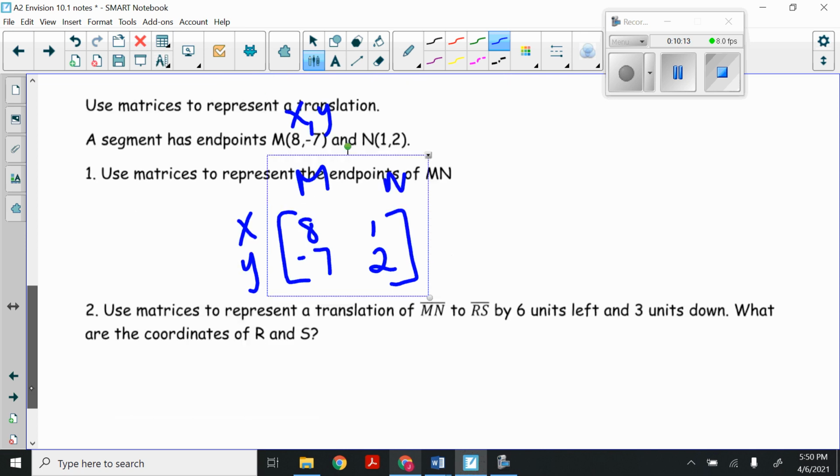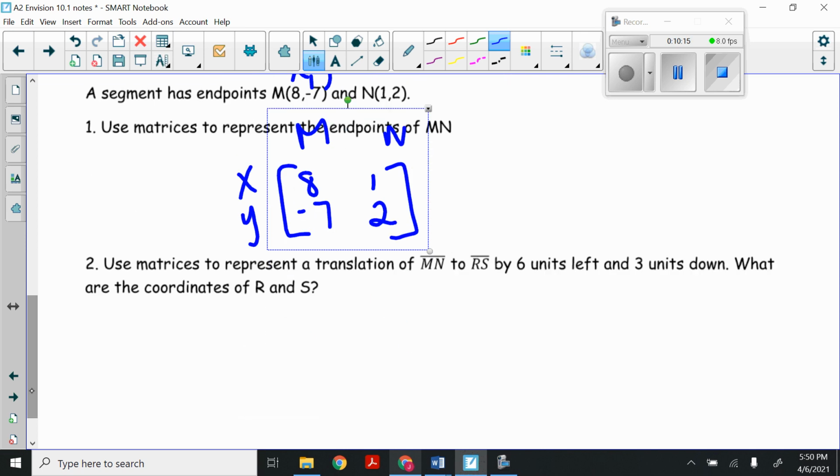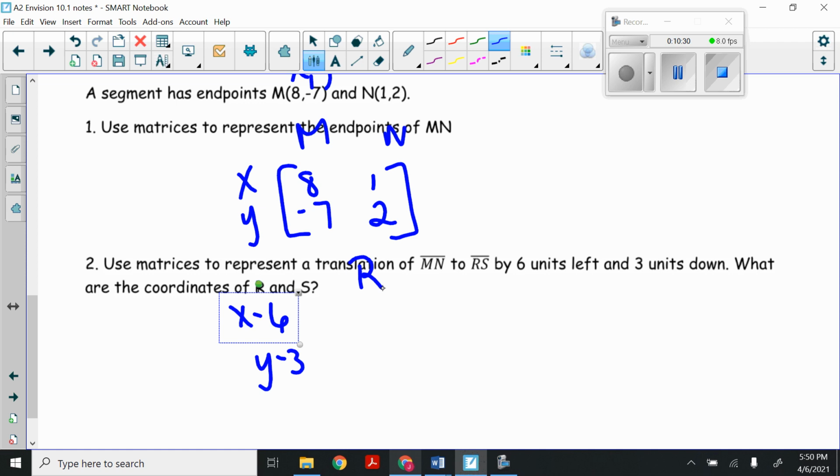So now part 2, it says, use matrices to represent a translation of MN to RS by 6 units left. If I'm going 6 units left, I'm subtracting 6. So x minus 6. 3 units down, so I'm subtracting 3 from my y. And this is going to give me R and S. So I take 8 minus 6, and I get 2.